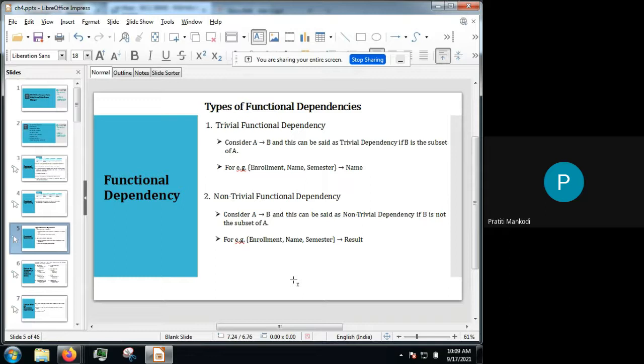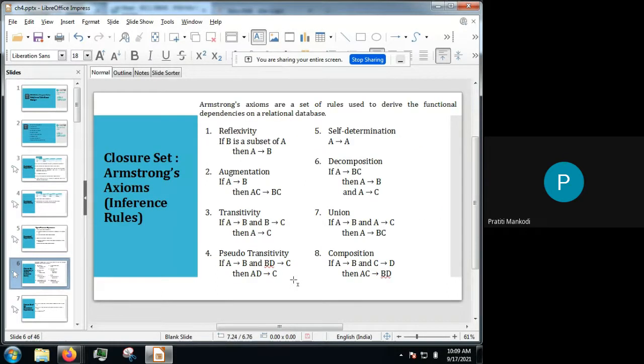Then again, a very important question for either 4 marks or 7 marks: explain the Armstrong axioms. These are the different rules which you can apply to derive a new set of FDs based on the given set of FDs.